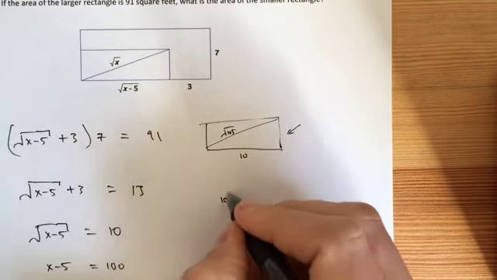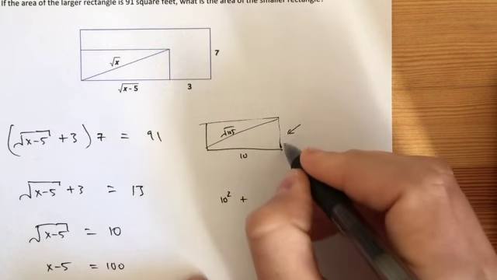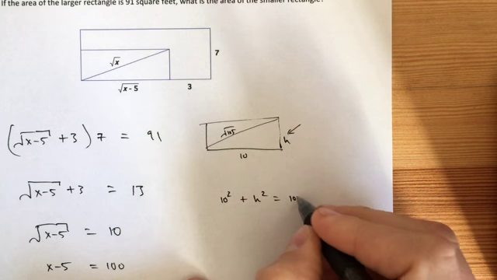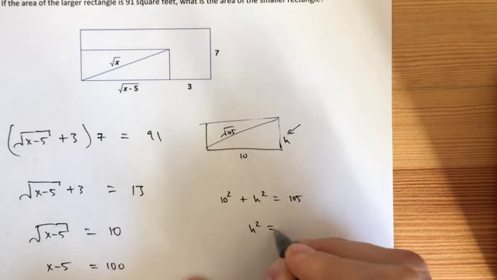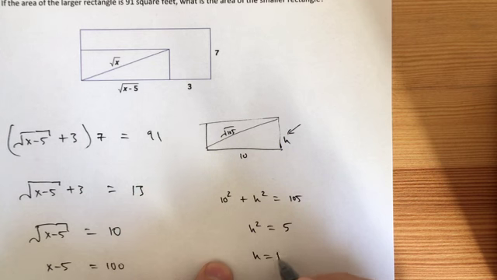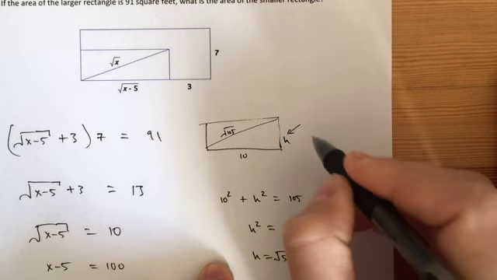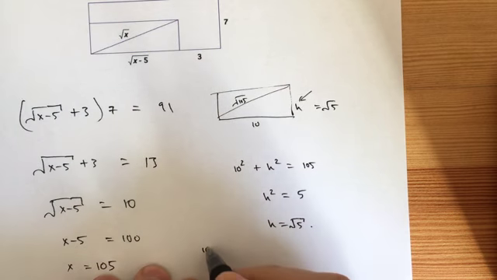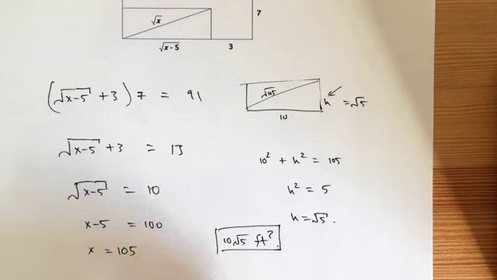So I know that 10 squared plus, we'll call this h, h squared equals square root of 105 squared, which is 105. So h squared equals 105 minus 100, which is 5. So h equals the square root of 5. So then the area of the rectangle is 10 times root 5 feet squared. Great, and that takes care of POD 8.8.